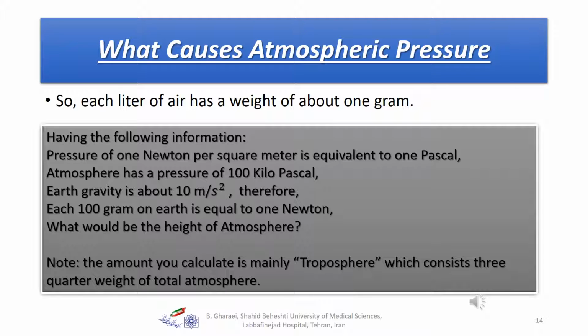Therefore, each 100 gram on Earth is equal to 1 Newton. Then, what would be the height of atmosphere? I know it is really difficult, but you can solve it. The amount you calculate is mainly troposphere, which consists 3/4 weight of total atmosphere.